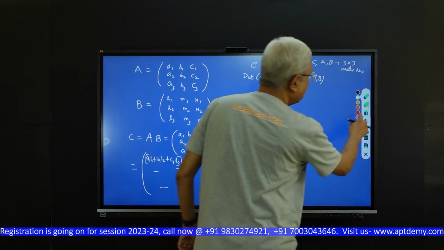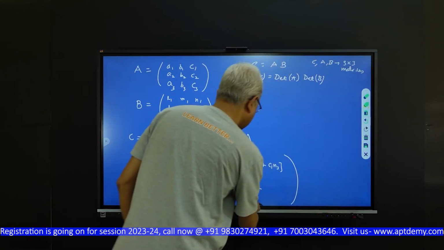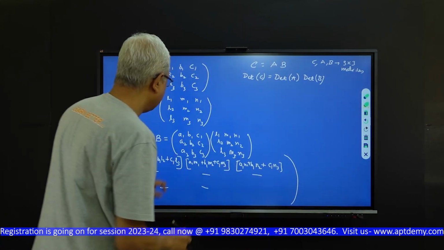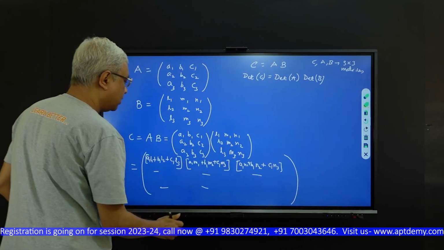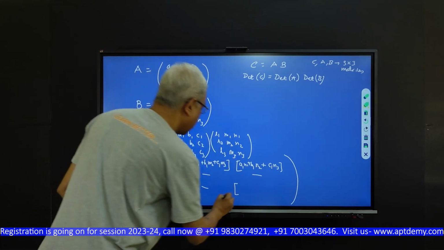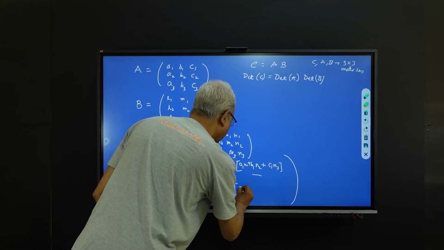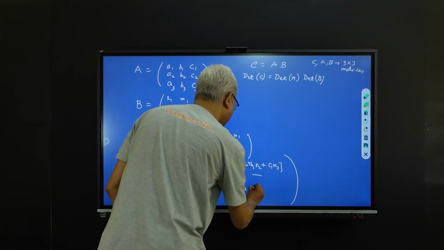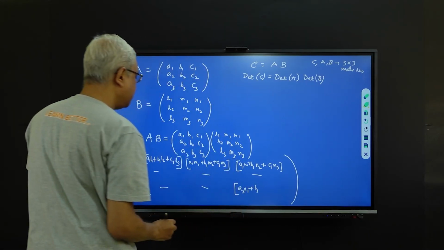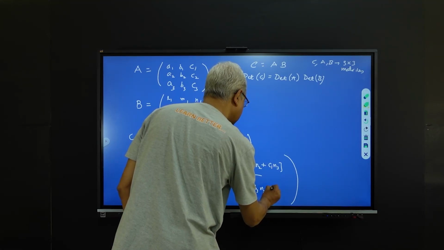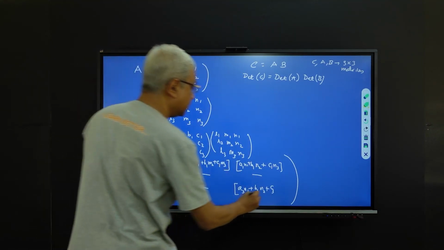Let me write the third row, third column element for an example illustration. So it will be A3 N1 plus B3 N2 plus C3 N3.